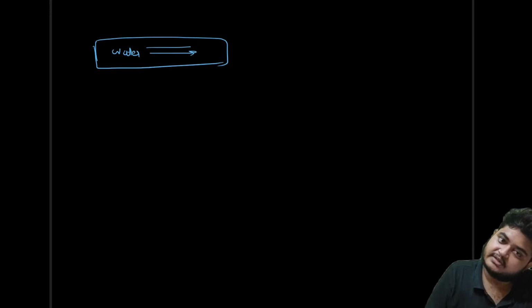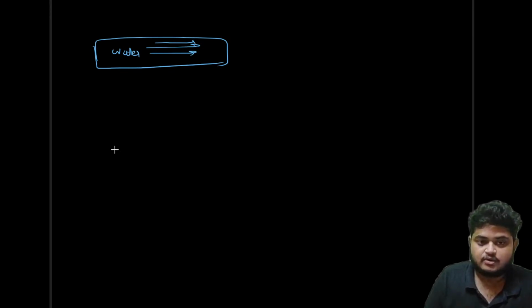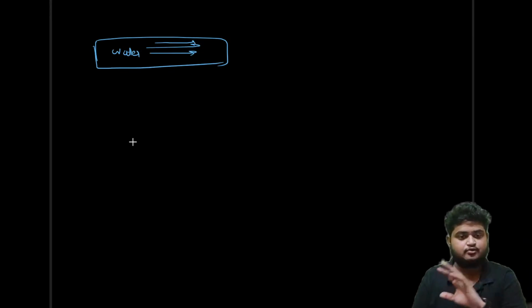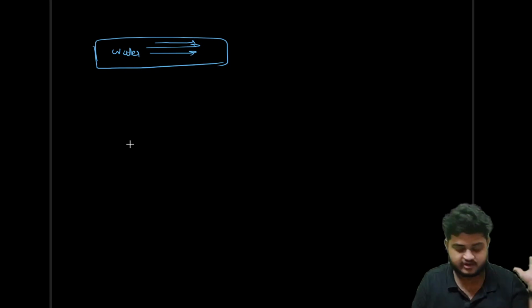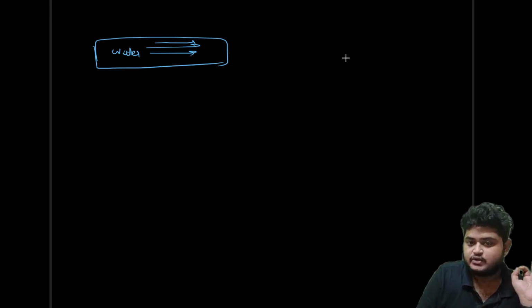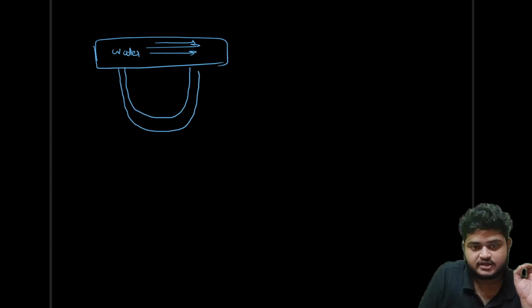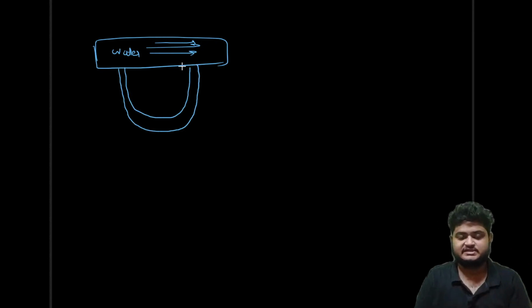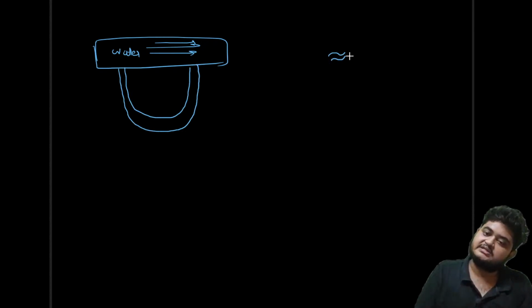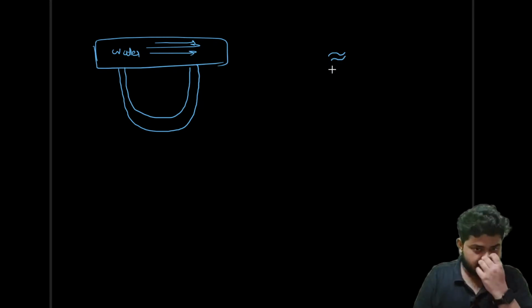Now the head difference between two points of water is very high. And then if I use any manometer with a manometric fluid of lesser density or equivalent density of water, so what will be that?